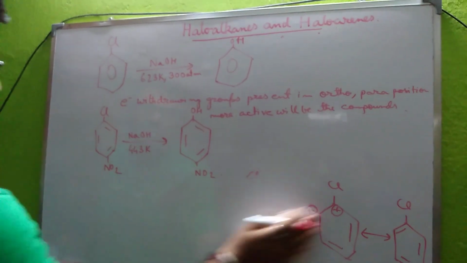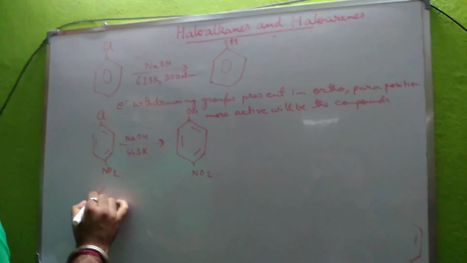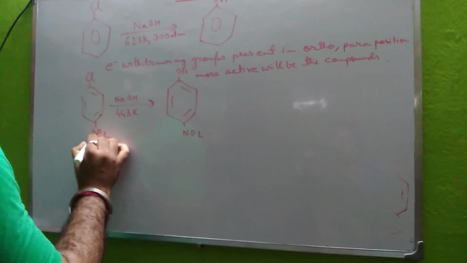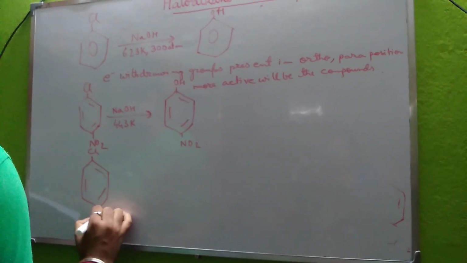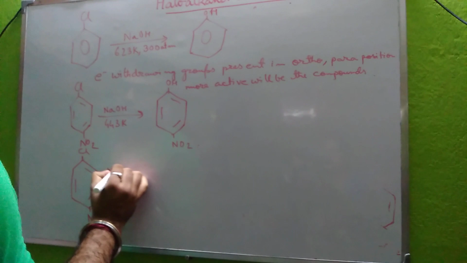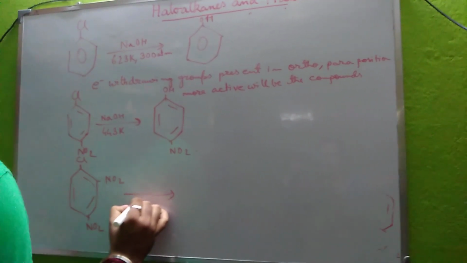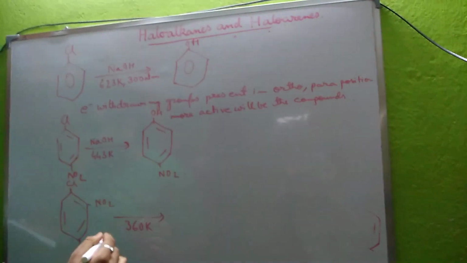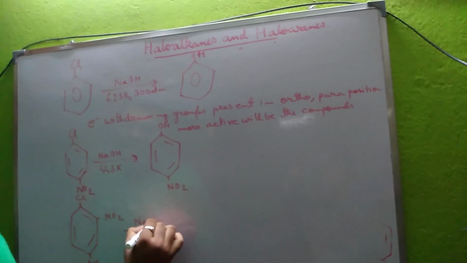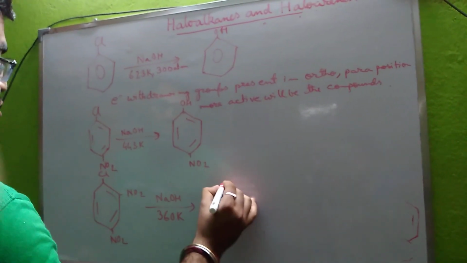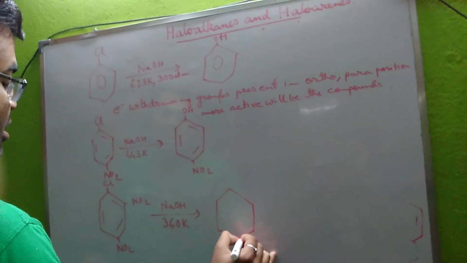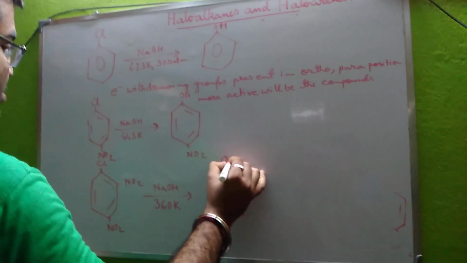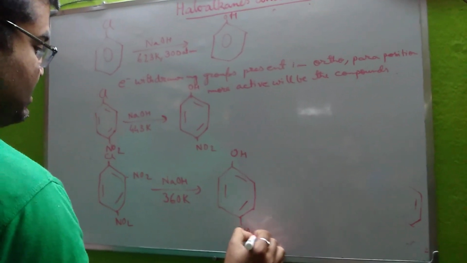Now after this, if another NO2 gets attached to the ortho position and para position, then you will find that the temperature again decreases, because it's now much easier for the Cl to get displaced by OH, because since two NO2 groups are present in the ortho and para position, it becomes more active at a lower temperature. So OH comes over here, NO2 remains as it is.